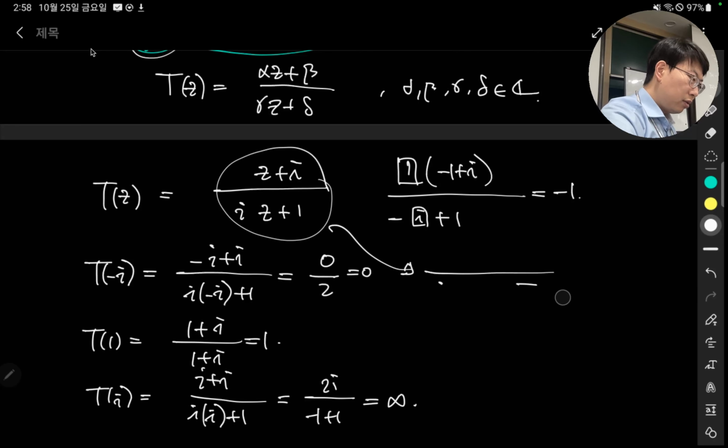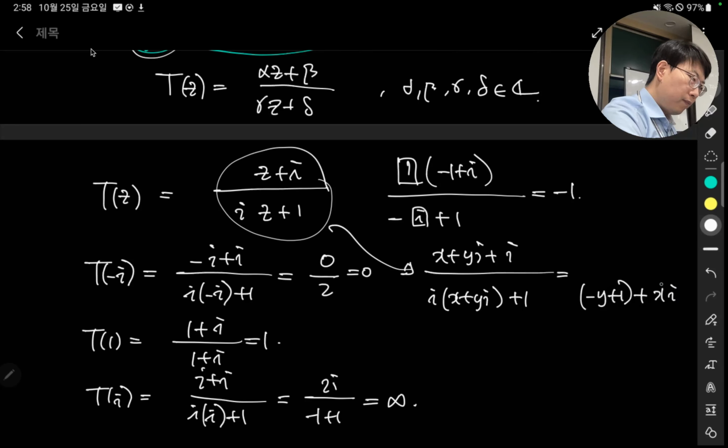Or maybe I can just rewrite this as i times x plus yi plus 1, over x plus yi plus i. And then let's make the real and imaginary parts: minus y plus 1 plus xi is the denominator, and x plus y plus 1 i on top.